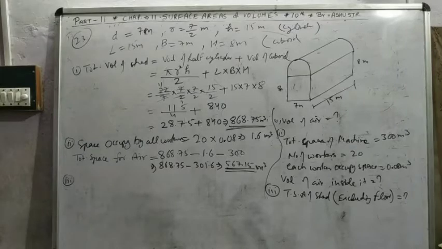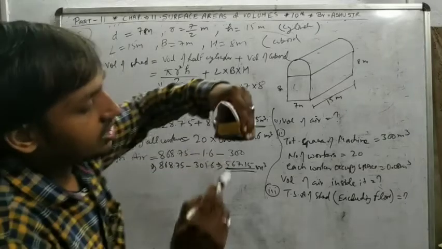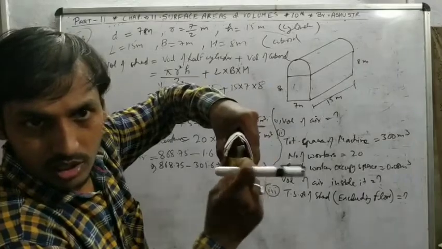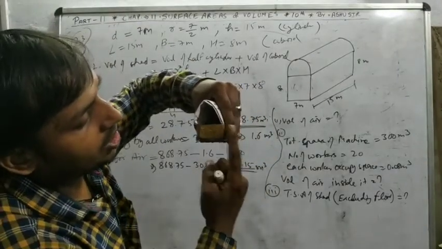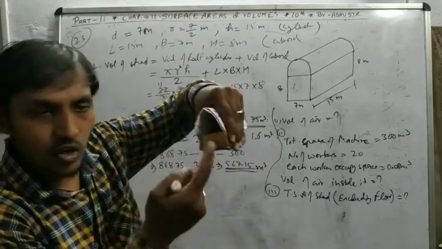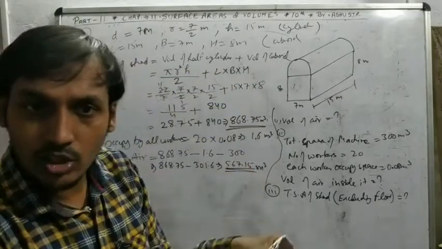But for the cuboid, there is no separation in between, it is open air. So only 4 walls, and the floor is excluded.